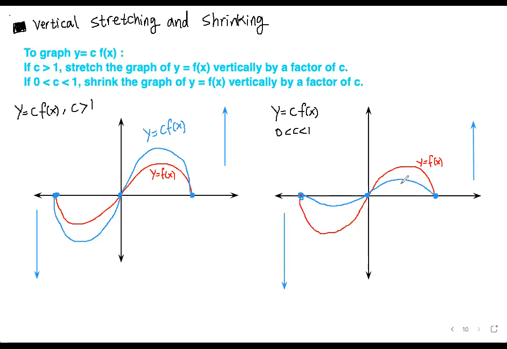This is y equals f of x, the red one, and the blue one is y equals c f of x, where c is between 0 and 1. Here, c is greater than 1.